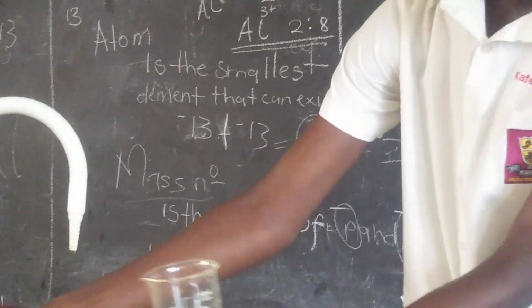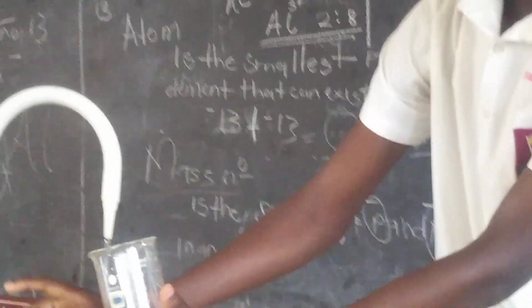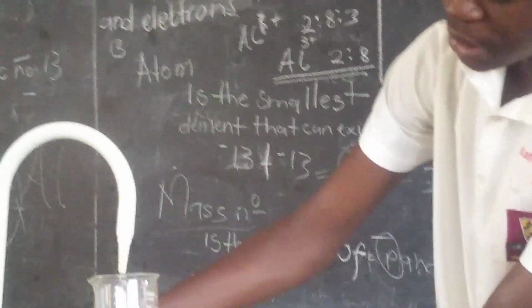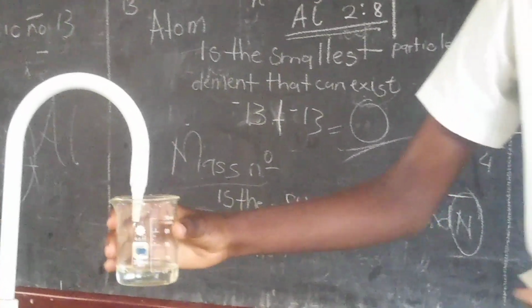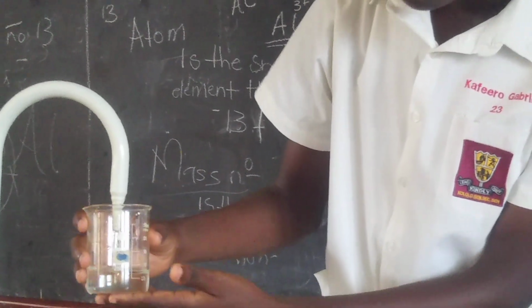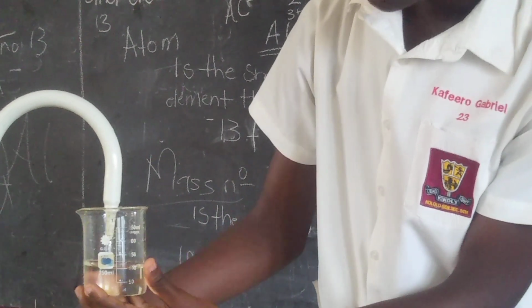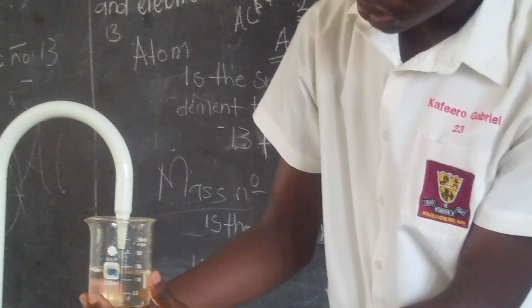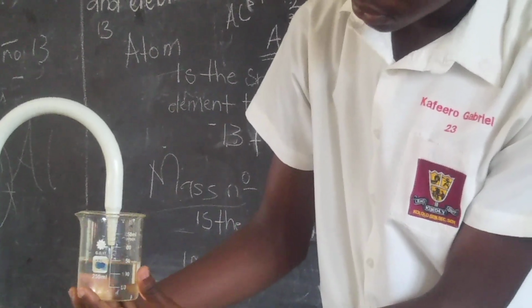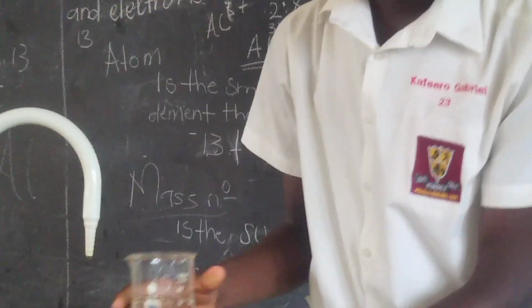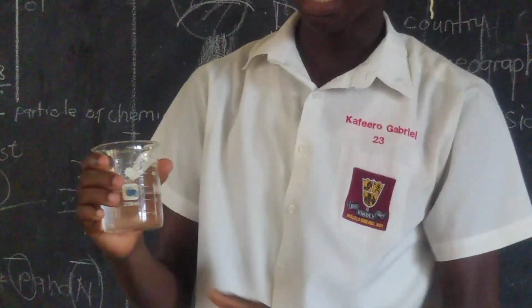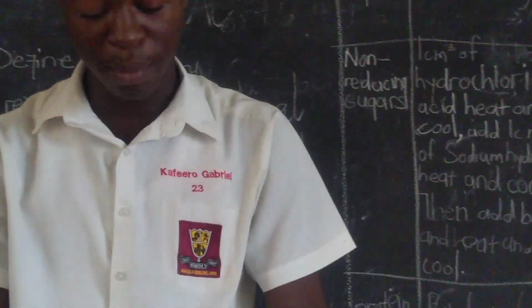I will turn the tap to the left, and the water will start pouring. I drop this beaker below, and the water starts getting in. As you see, it's almost there. Yeah, it's there now, 150 milliliters. So in our procedures, they encouraged us to half-fill the beaker with water. Let's move on to the next procedure.